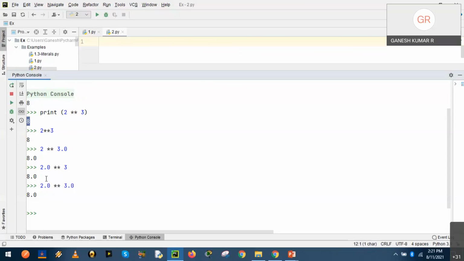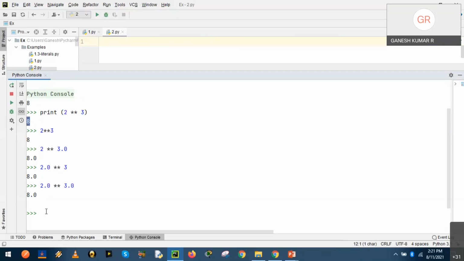If any one of the arguments is float, either the base or the exponent, the result is float. If either one of the arguments is float or both are float, the result will be a floating point. This is an important distinction we need to remember.